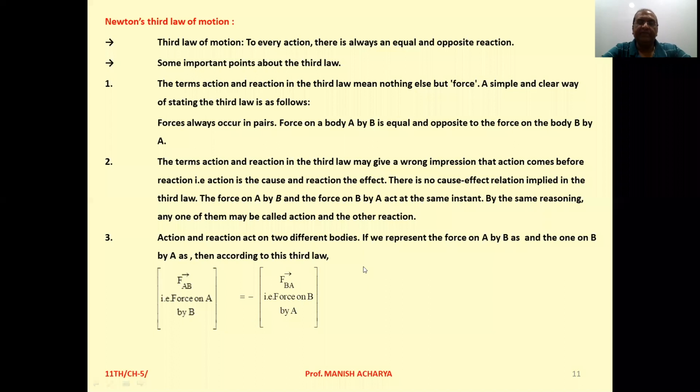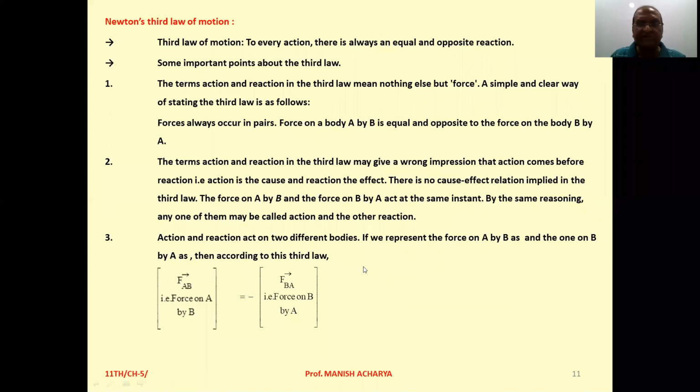But one more important thing is this: suppose after the interaction you want to explain the motion of A, then you have to think about the force acting on A, not the force exerted by A.